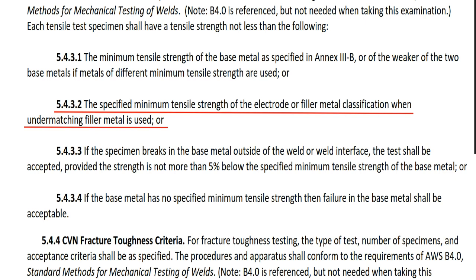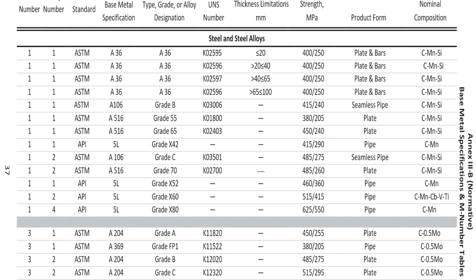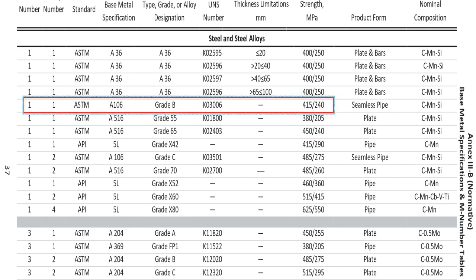What it means is, here I am welding this ASTM A106 grade B. The minimum tensile strength of the ASTM A106 grade B is 415. However, I am using an undermatching filler metal.